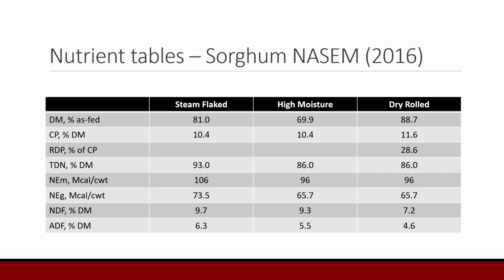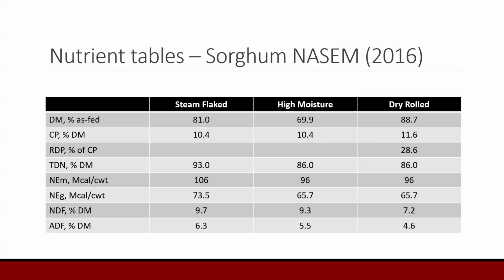And it's small berries, and there's a lot of variation between those berries in size. So it would be very hard to take sorghum, run it through a dry roller, and get a uniform crack on that sorghum, is one thing.